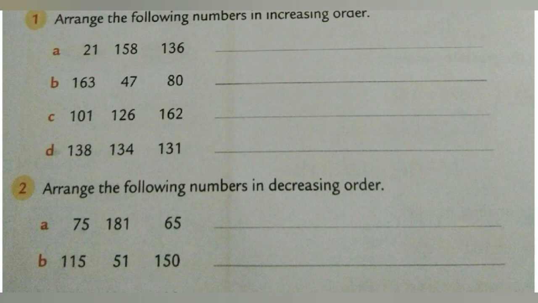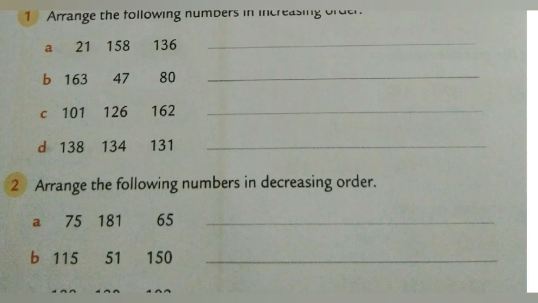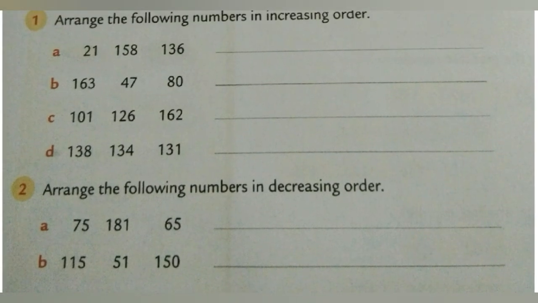In the first number only 2 digits are there. In the second one 3, and in the third one also 3. And here we need to write from small to big. Which is the smallest from among these three? 21. Only 2 digits are there, and the rest are having 3 digits. So 21 will come first.